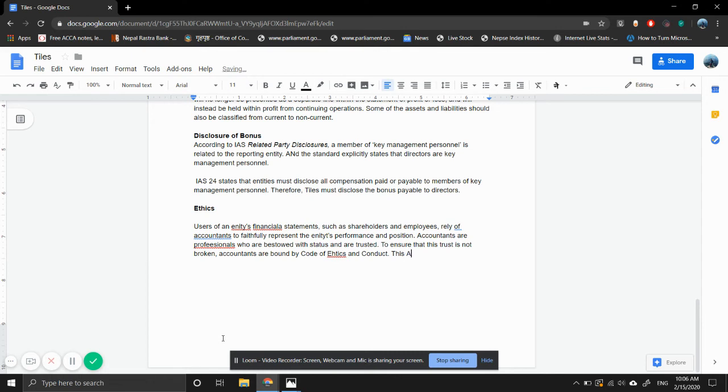This ACCA code sets out the importance of fundamental principles of integrity, objectivity, professional competence and due care, confidentiality, and professional behavior. All right.